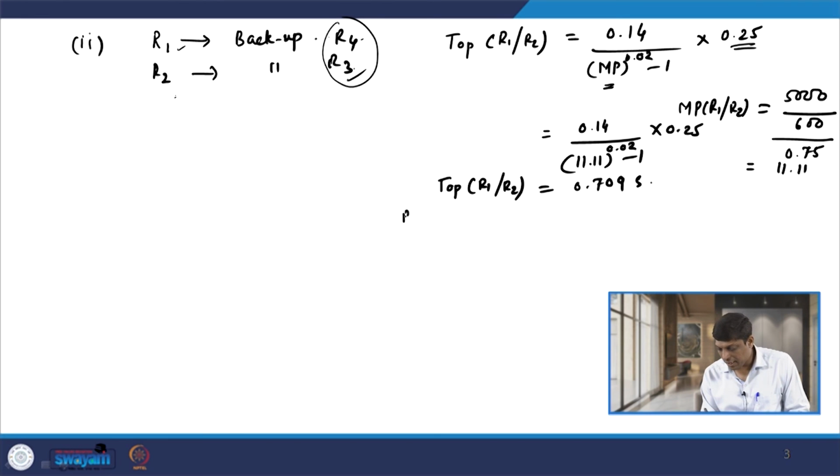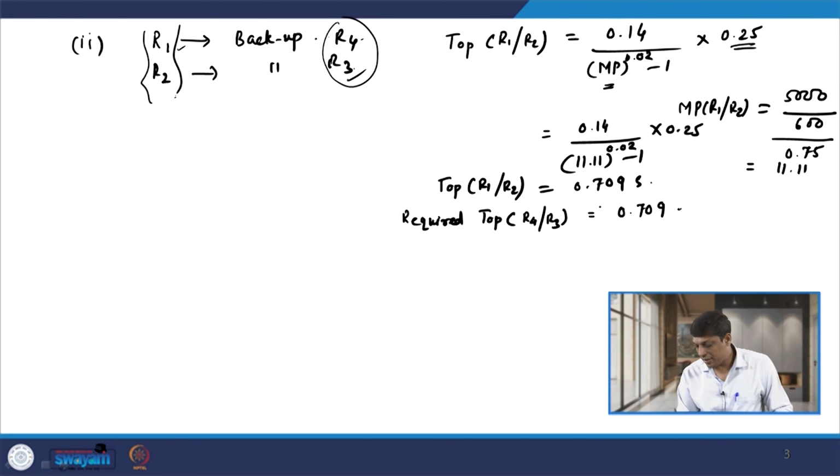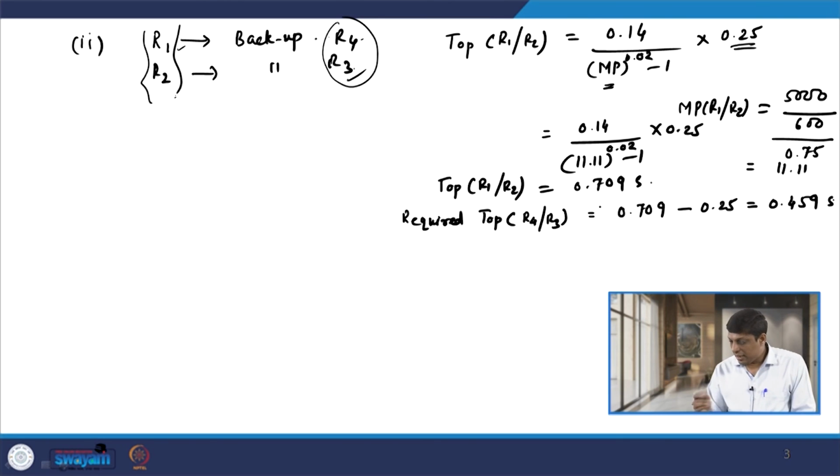So, we can write down the required time of operation of relay R4 or R3, that is equal to 0.709, that is the time of operation of R1 and R2, minus 0.25, we have to subtract it. So, if you calculate, the value comes out to be 0.459 second, right.